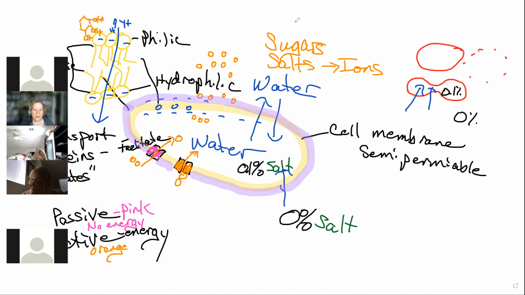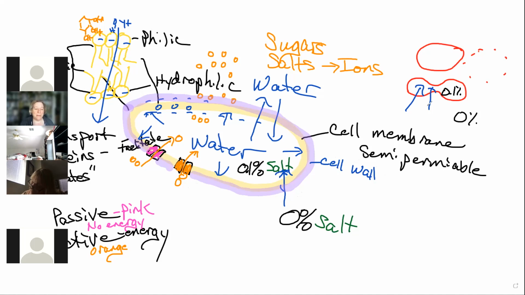So as the water flows in and starts pressing on the cell membrane, the cell wall holds it back and keeps the cell from popping. Eventually there's too much water in here and the water stops flowing in, and it's because of the cell wall.